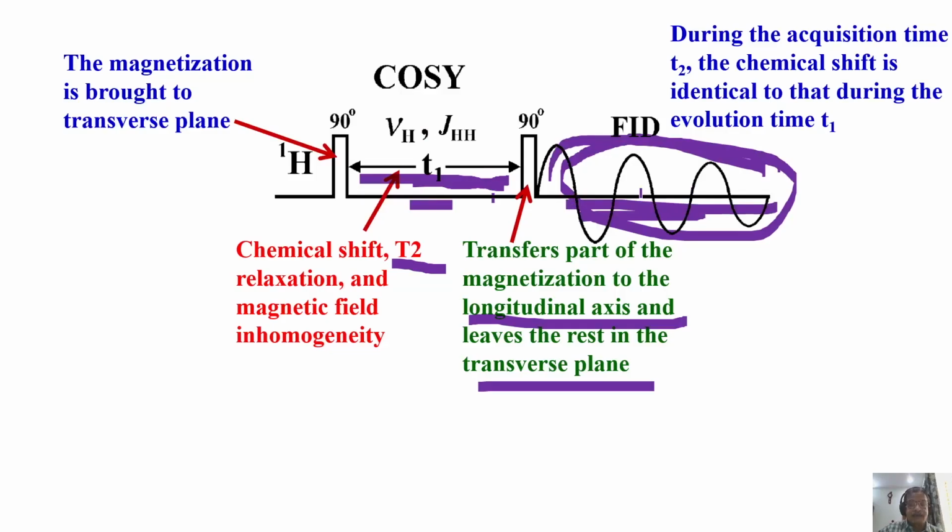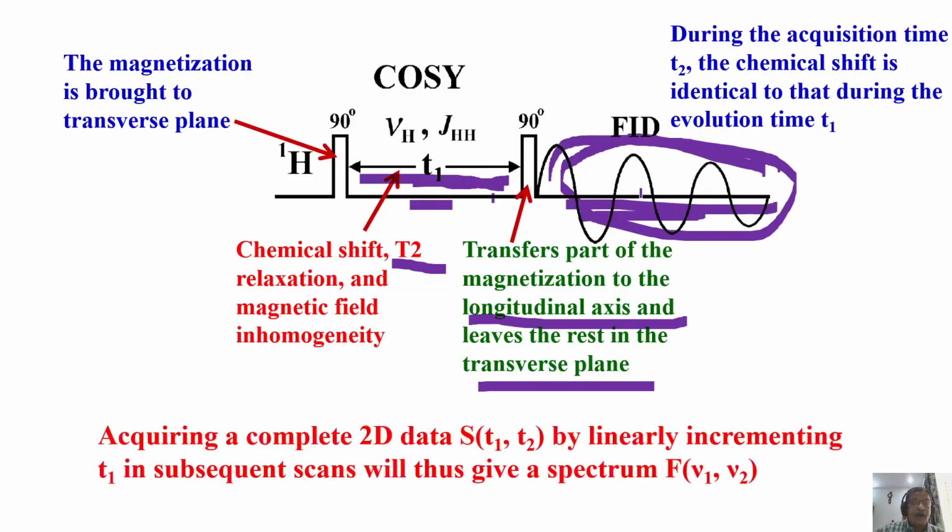It is identical. So now what we do is increment the T1 points and acquire a complete 2D data set in 2 dimensions. Vary this, fix this constant period, collect signal, keep on varying. You take the complete time domain data by linearly incrementing T1. Of course, you do this incrementing linearly.